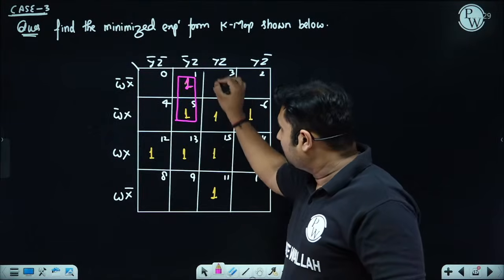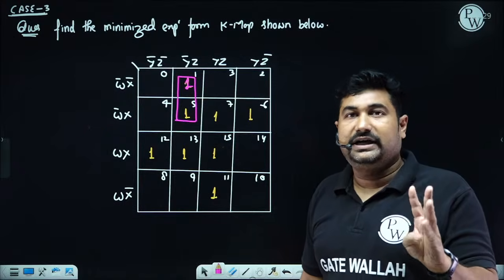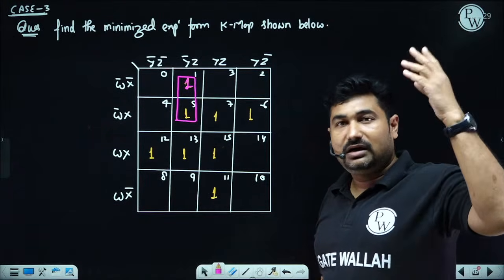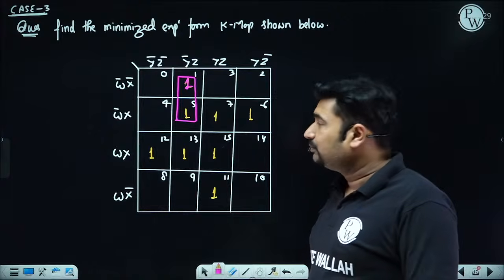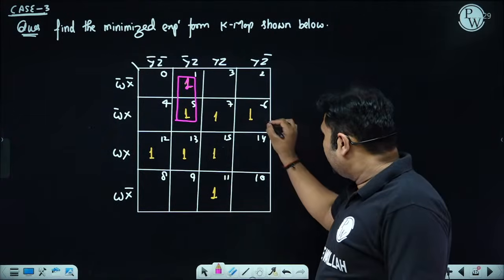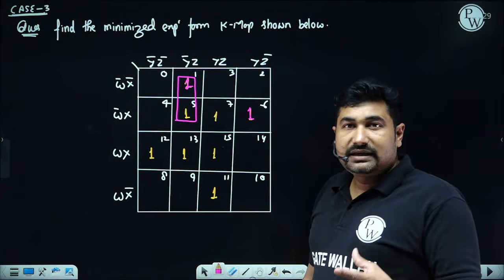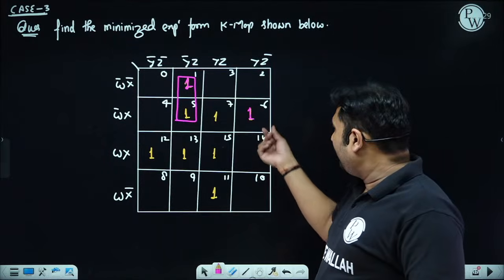Is it okay? So here we have a pair possible, or a quad or an octet, or a group of 16 and 32, and so on. How can we reduce the expression of minterm 6?